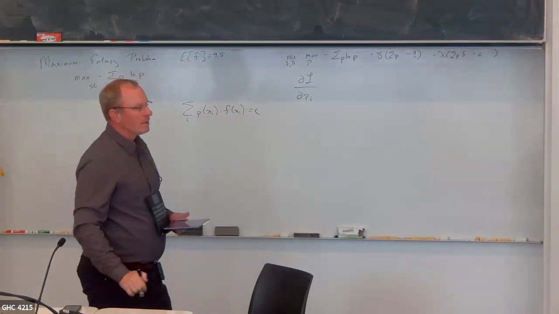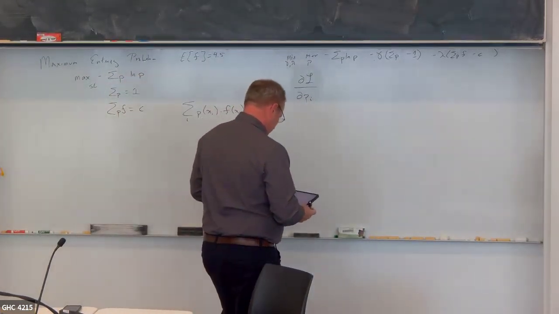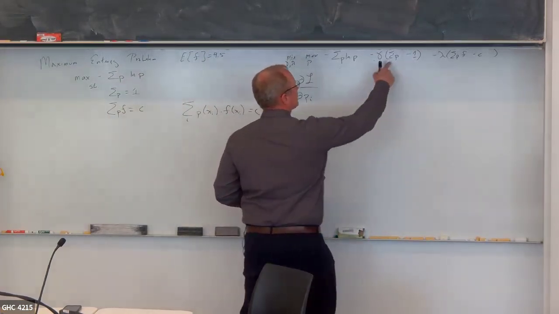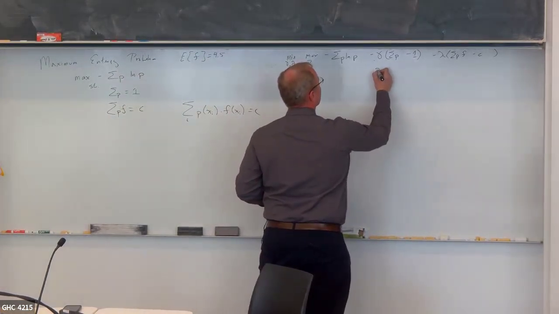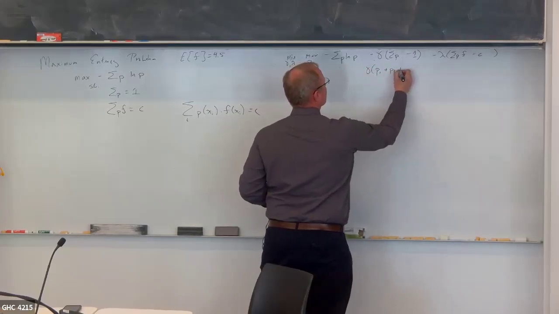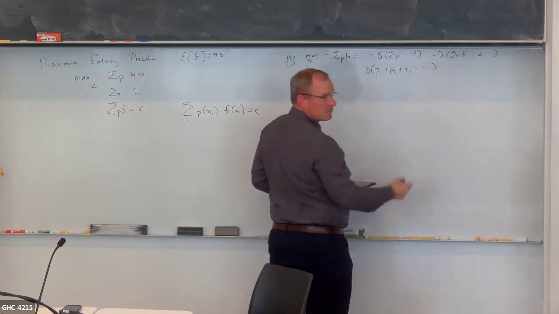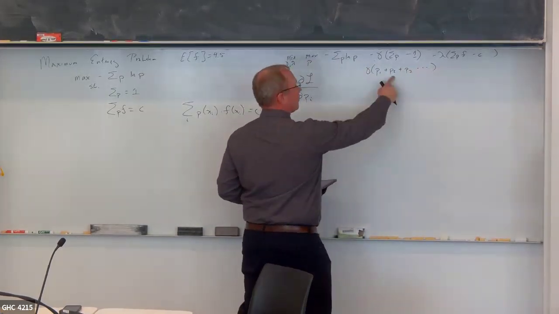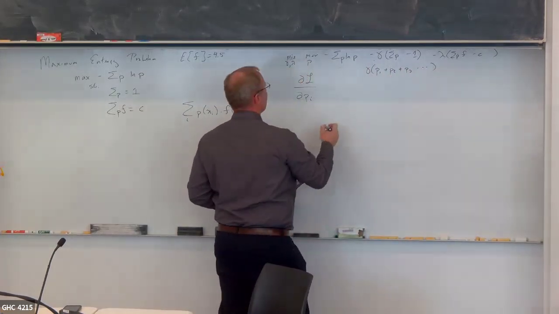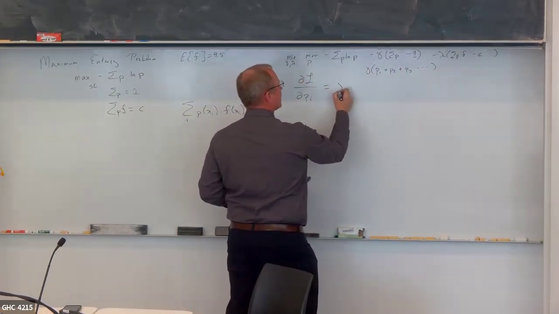Times gamma. Good, why? The sum of P, I take partials with respect to every P. Right, so what is this thing actually? This thing is actually gamma times P1 plus P2 plus P3, and so on and so forth. And so if I take the derivative with respect to one particular one of these, let's call it Pi, then I just get gamma. So the first term is gamma.